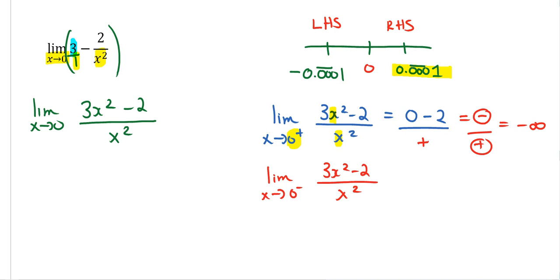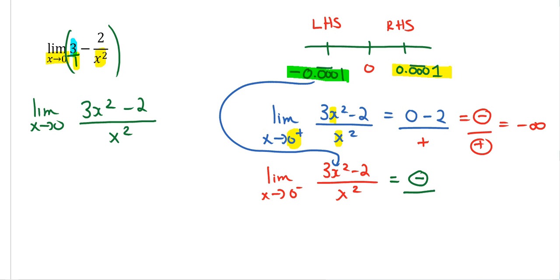Alright, now if we take a look at the left-hand limit, what that means is we're going to take this number here in green and insert that for our x's. Same approach. You're definitely going to get a negative value on the numerator because that's going to be 0 minus 2.